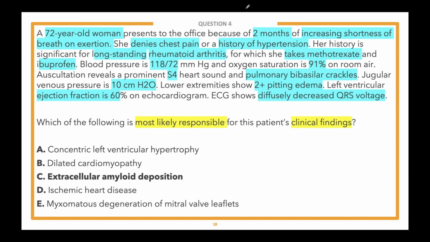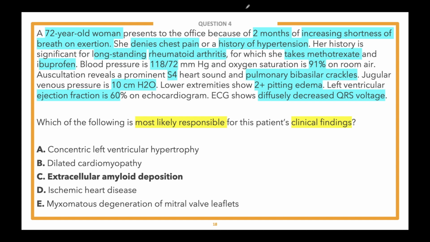So we talked about why we think she has congestive heart failure, and then we're using those additional clues in the vignette to point us towards diastolic heart failure. Diastolic heart failure can be due to a few things. It can be due to hypertension, valvular disease, hypertrophic cardiomyopathy. However, they're giving us an EKG showing diffusely decreased QRS complexes.